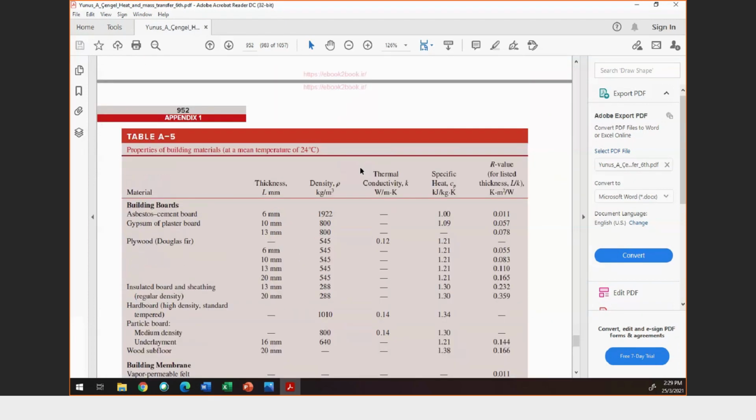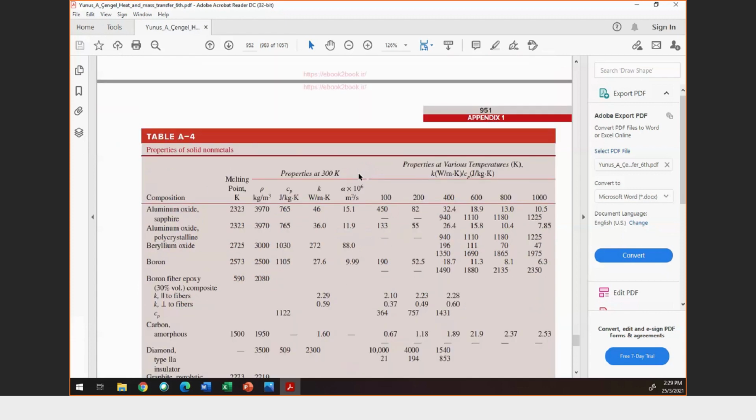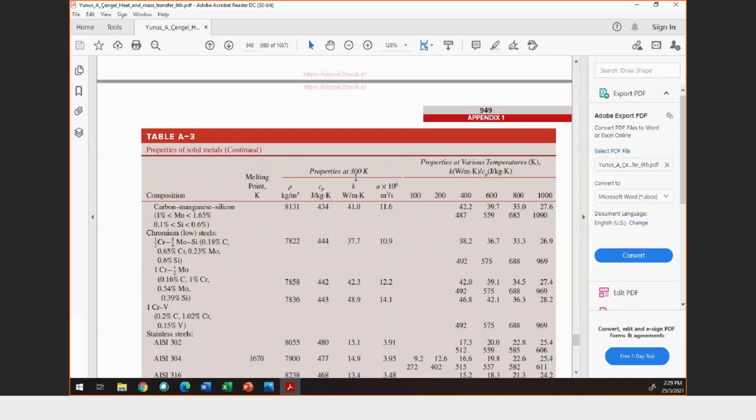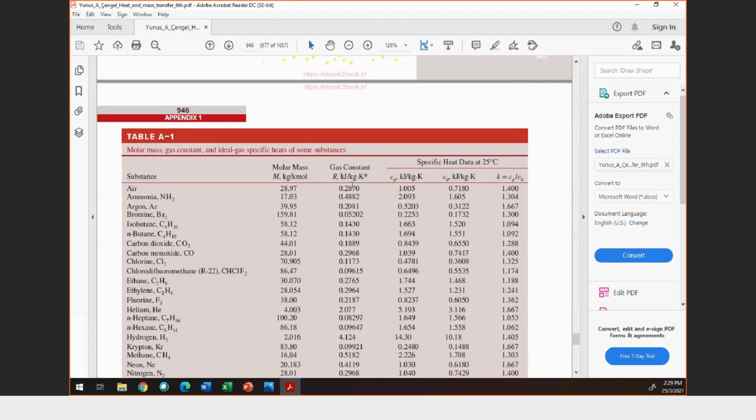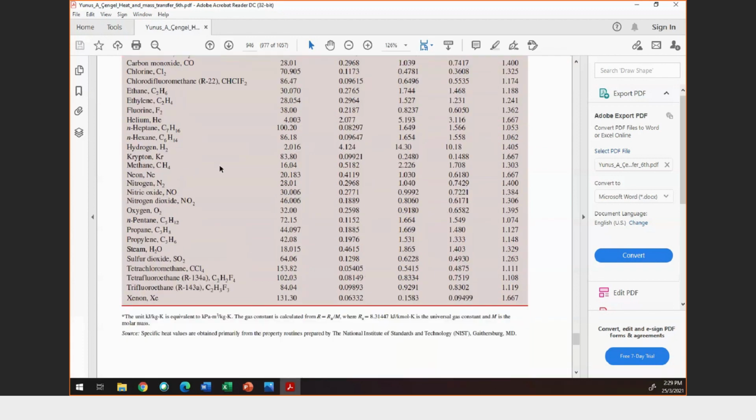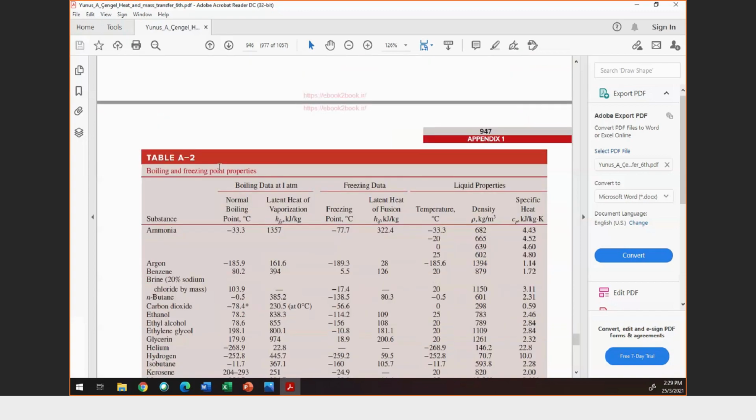Those who have already learned thermodynamics, in order to find properties of materials you need to go to the appendix tables. This is Table A1 for the gas. We need to find the rubber one.